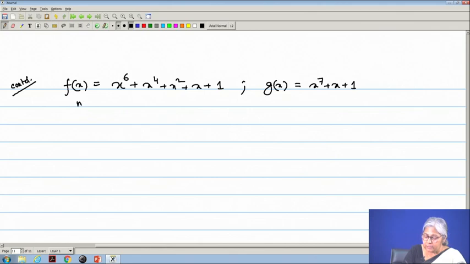Remember that m x, again I repeat, is x to the power 8 plus x to the power 4 plus x cube plus x plus 1.